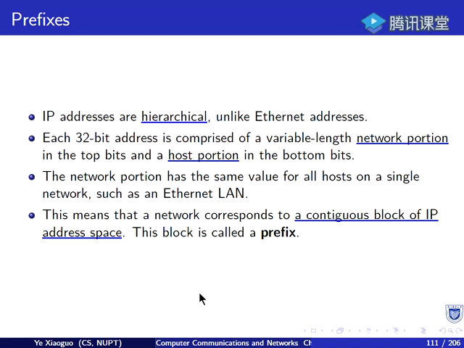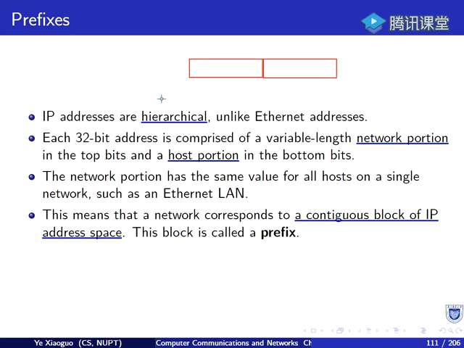Each 32-bit address is comprised of a variable length network portion in the top bits and a host portion in the bottom bits.